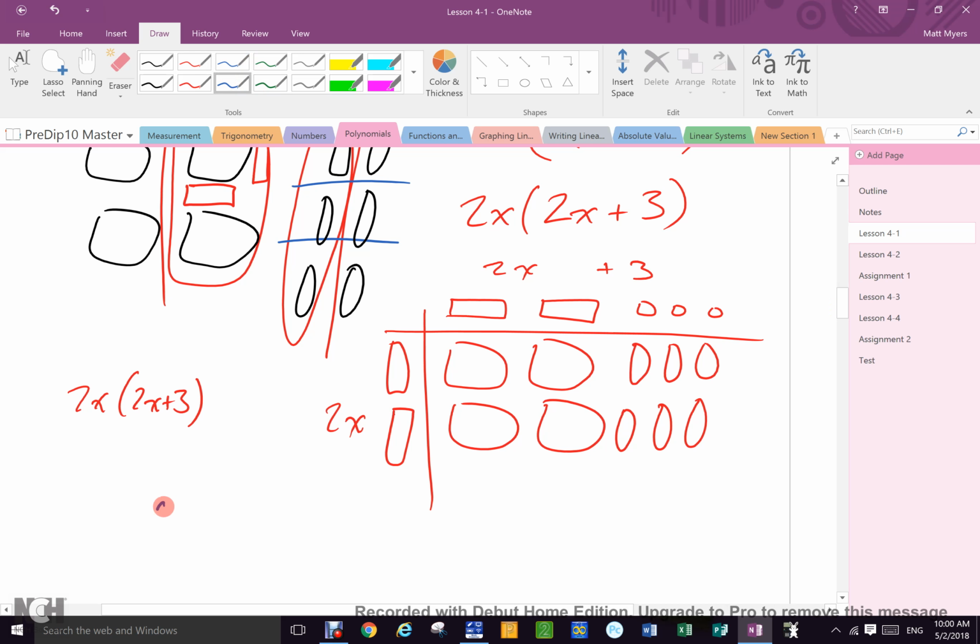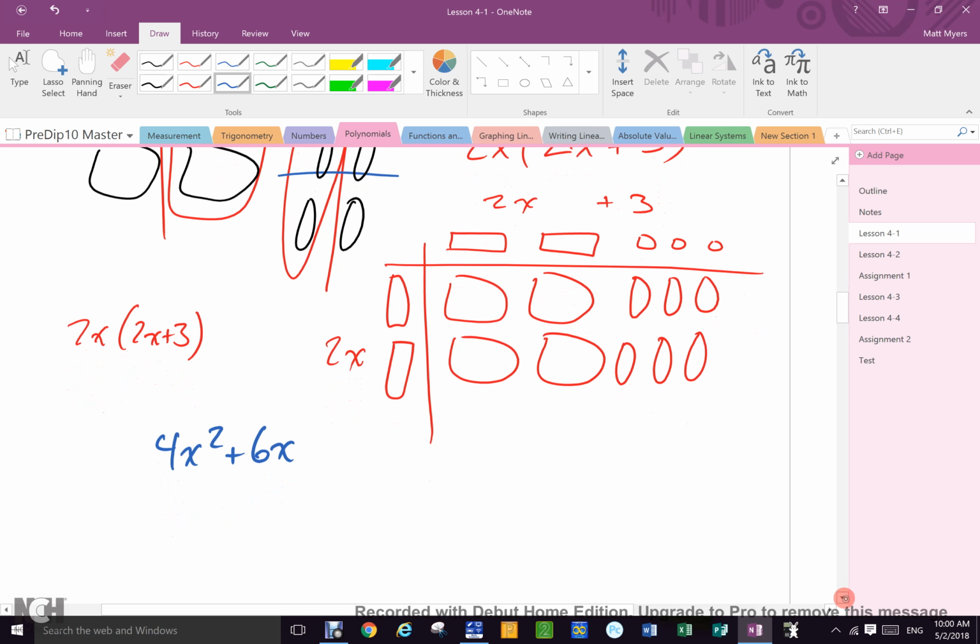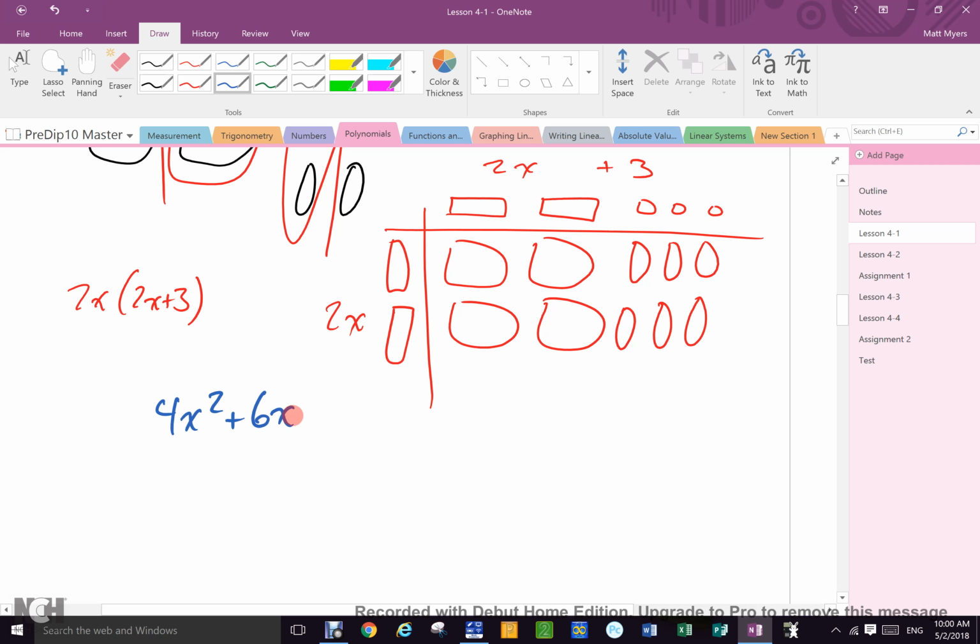4x squared plus 6x. We can see that a 2 will come out of both of them, and a single x will come out of both of them, right? Which means that is our greatest common factor. And this is factoring.